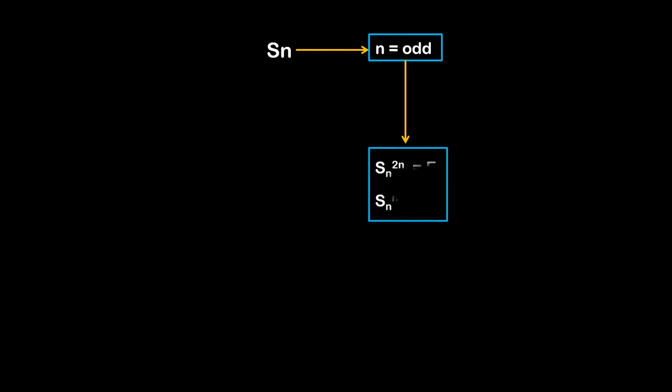Improper rotational axis where n is odd. The operations are: Sn raised to 2n is equal to identity, and Sn raised to n is equal to sigma h. It can be understood by taking the example of eclipsed ethane, where the value of n is odd.